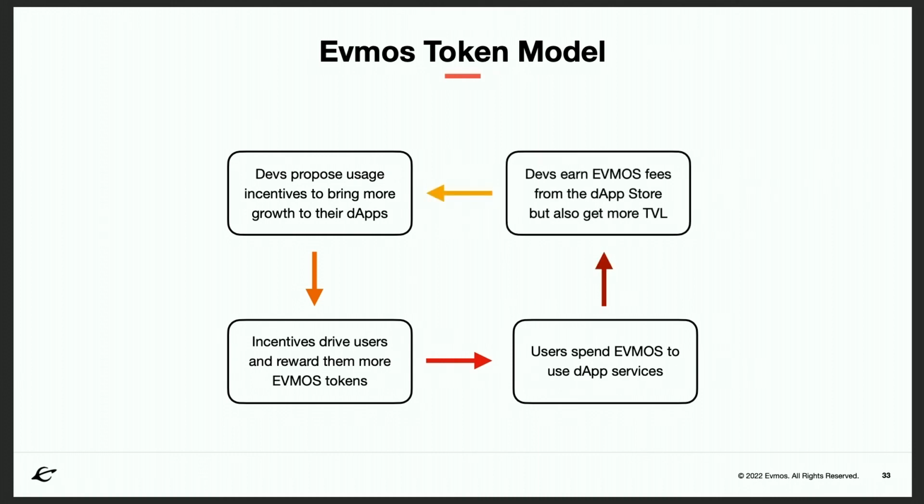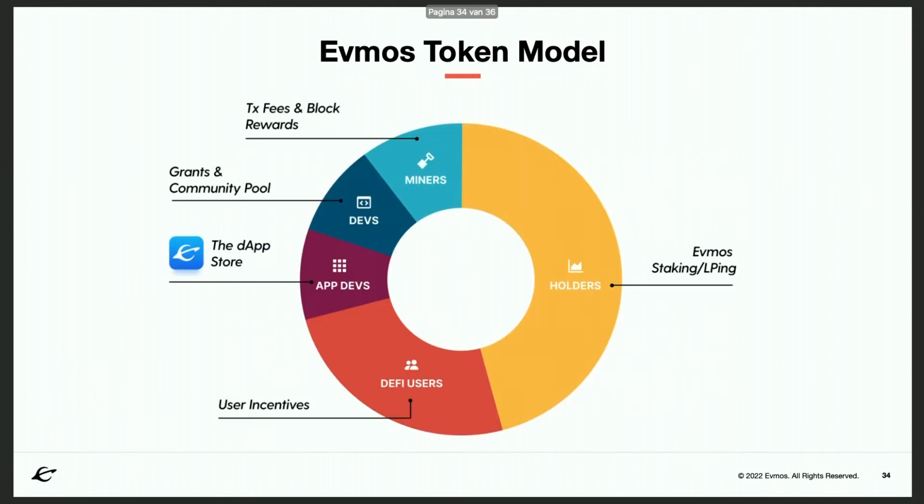And then through the Dav Store mechanism and the fee split mechanism that I explained before, developers earn half of the transaction fees for each of the transactions that are targeting their contracts, further incentivizing the development and the growth that allows them to create a sustainable long-term funding mechanism, and then you create more proposals, etc., and then the positive reinforcement cycle continues.